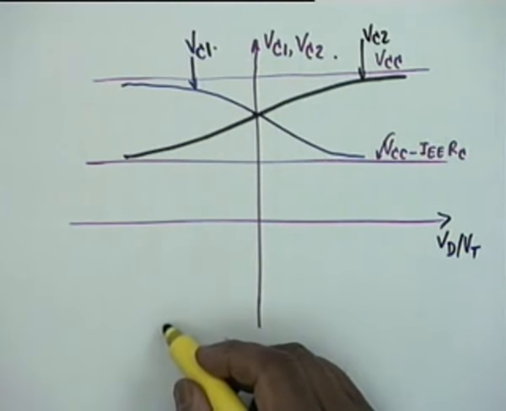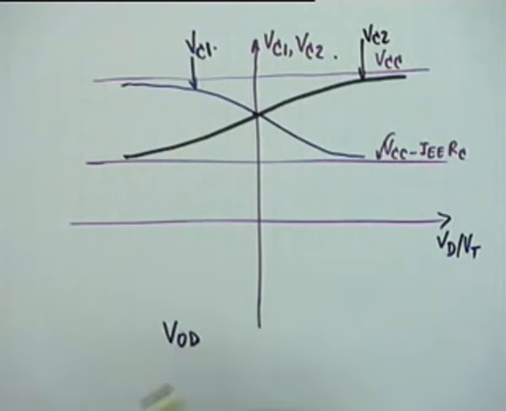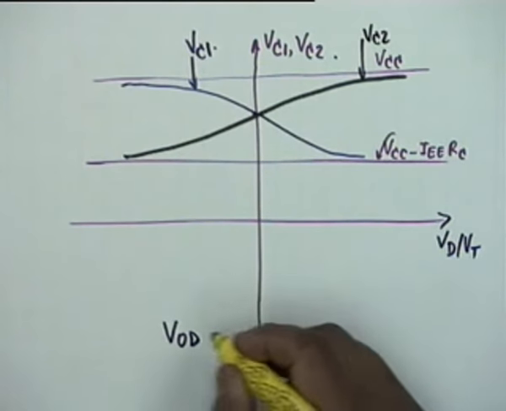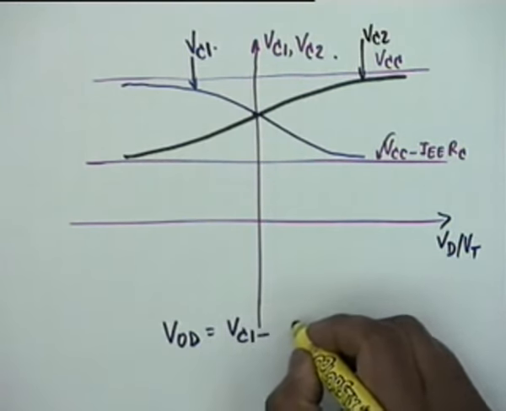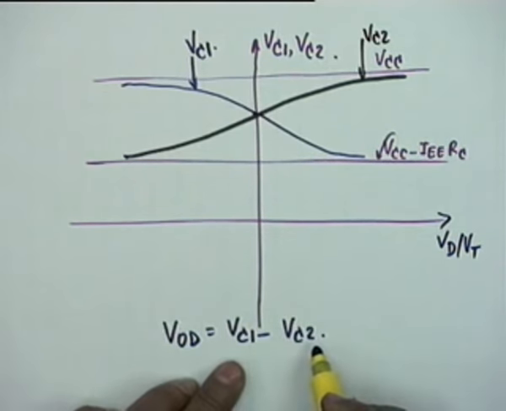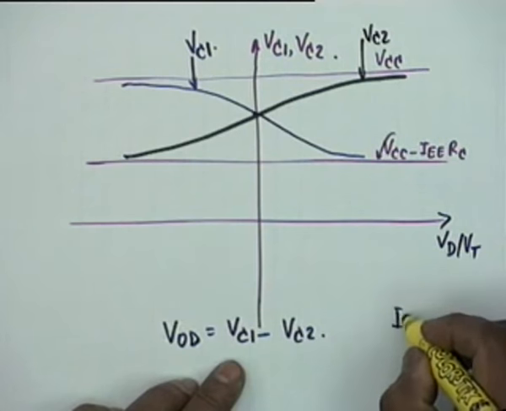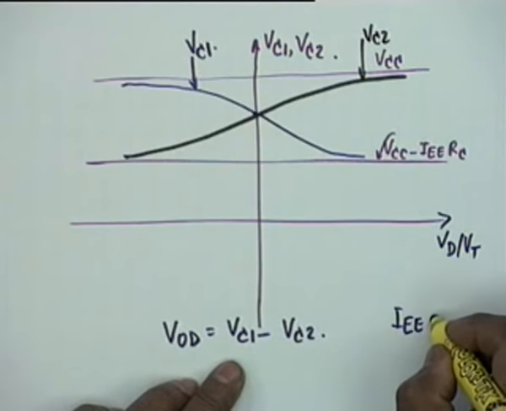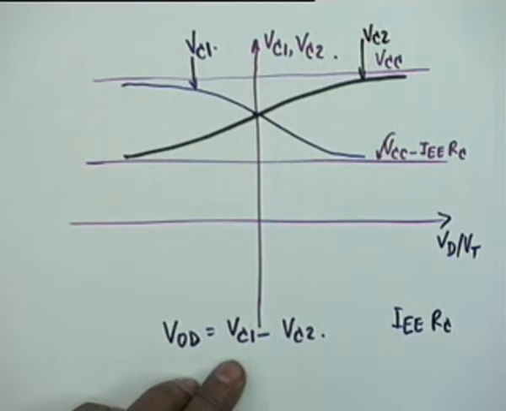If I take the output voltage VOD, this is equal to VC1 minus VC2. Okay? Now, what is the maximum value of this? Maximum value is IEE times RC. And what is the minimum value? Minus IEE RC.